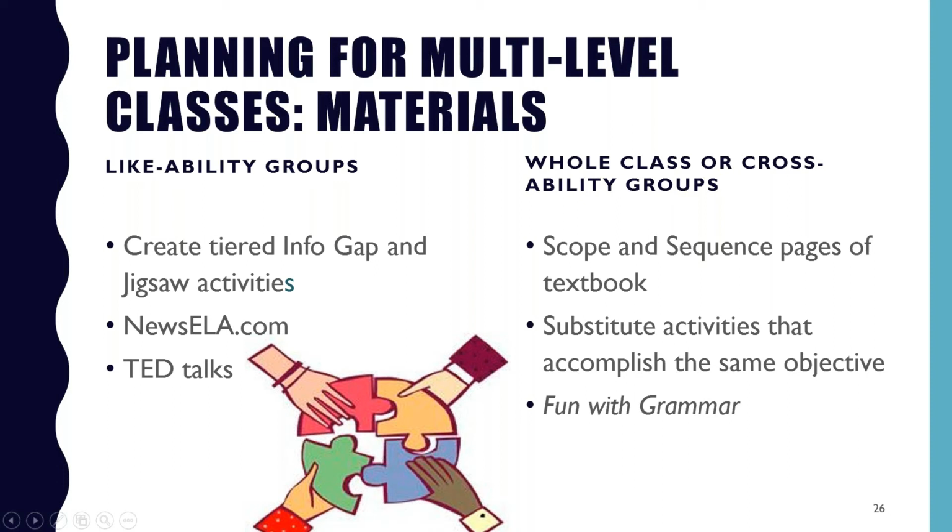Our goal is never to finish all the pages in the textbook, but our goal is to meet the objectives that those pages were designed for. So think about what activities you might even substitute instead of using the textbook, just to simplify your life. And then my favorite class activity source is the book Fun with Grammar.